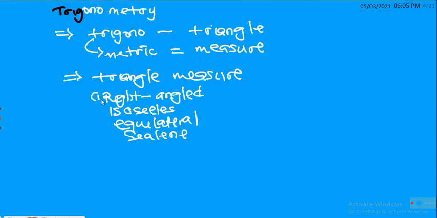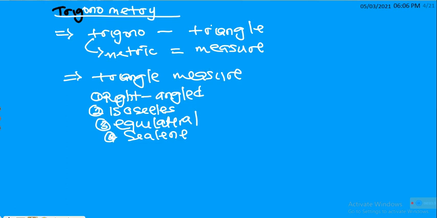So all these triangles can be measured using trigonometry, from the definition, which means triangle measure. But we will see later that trigonometry goes beyond triangle measure. It is actually the measures of angles in triangles. Okay, so that is about the origin of the word trigonometry.